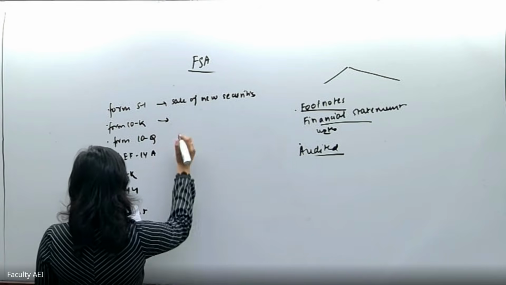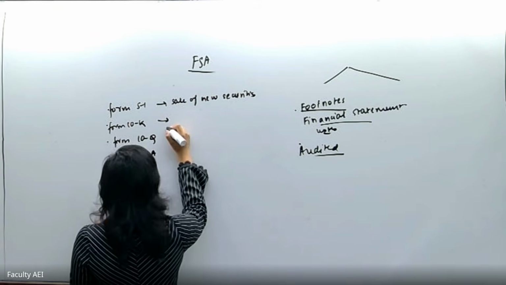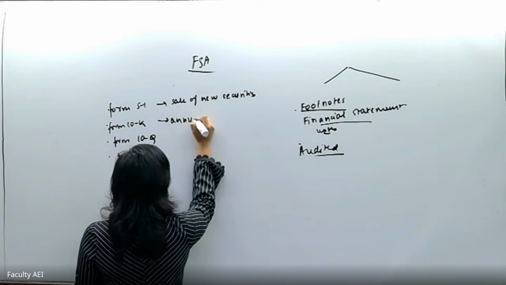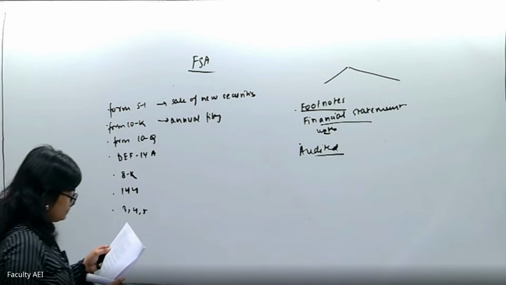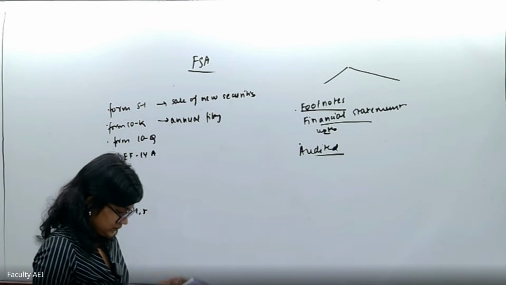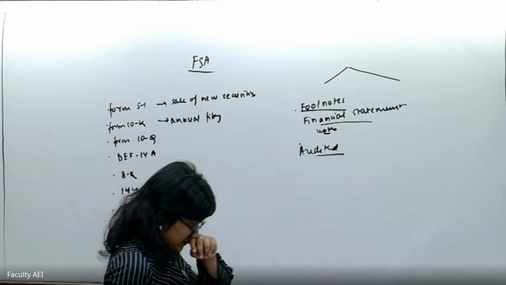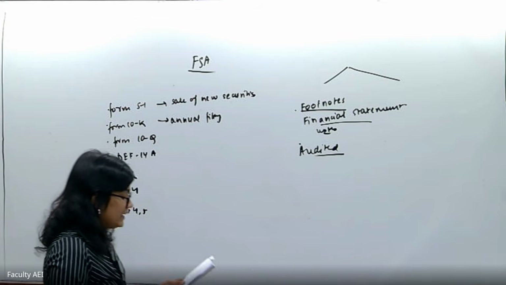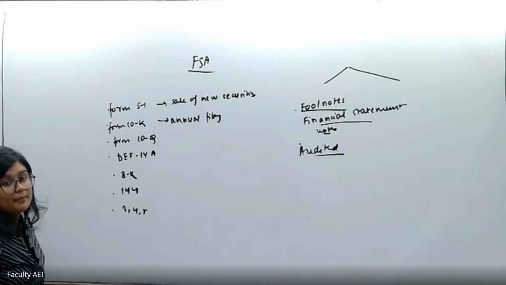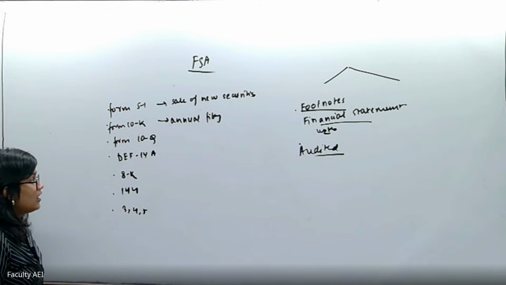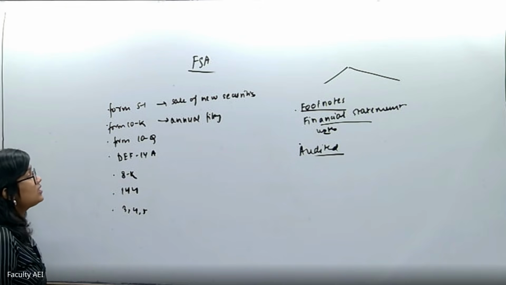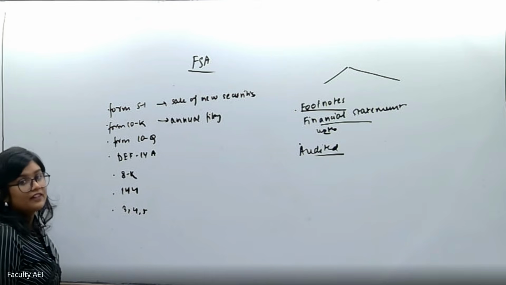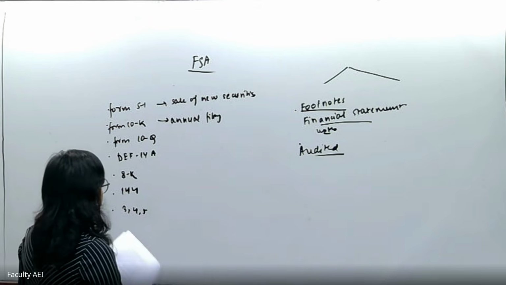Form 10-K is a required annual filing, so it's filed annually. Form 10-K basically tells what the risks of the company are and how the company is managing these risks. It's very similar to the annual report the company does, but the annual report is not a substitute for Form 10-K.